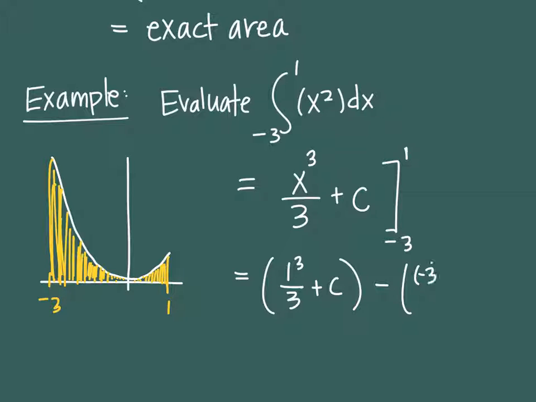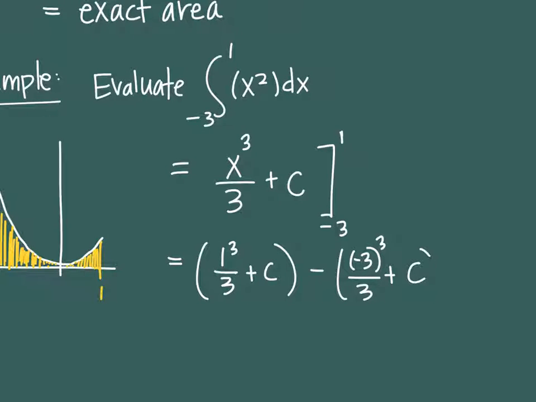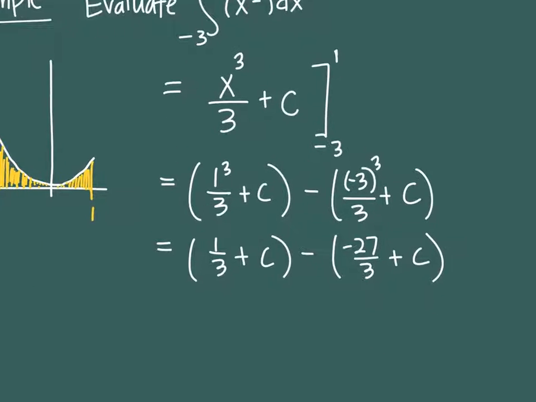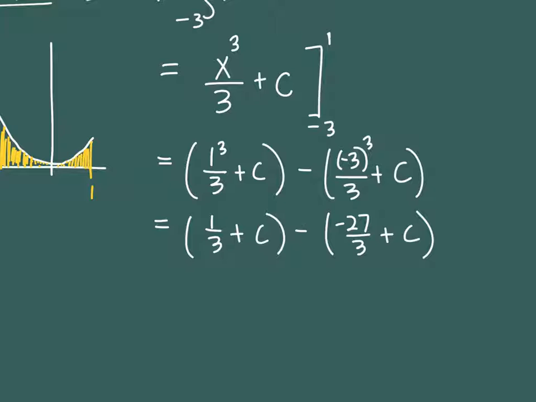So that will be -3 cubed over 3, also plus c. So that gives me 1/3 plus c in the first set of parentheses. It gives me -27 over 3 plus c in the second parentheses. And then I distribute that negative.